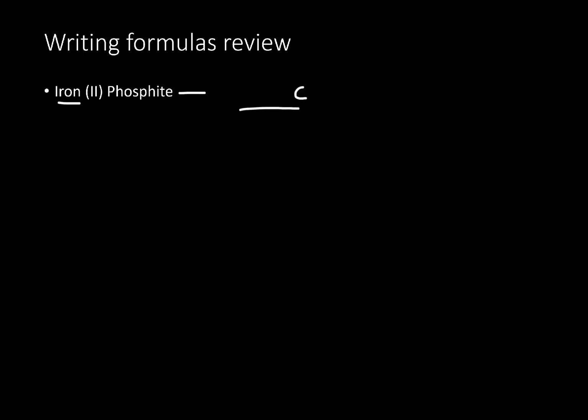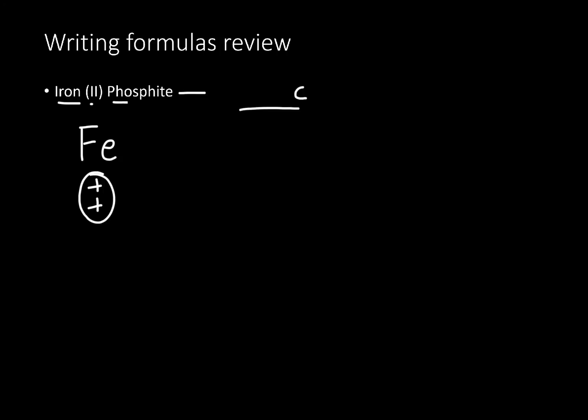As soon as you figure this out, you are going to write the symbols of your elements. You know iron is Fe, and you also know that it has 2 positives, so you put 2+ underneath it. How do you know it's 2 positives? Because of the Roman numeral 2. Now what about the second word?